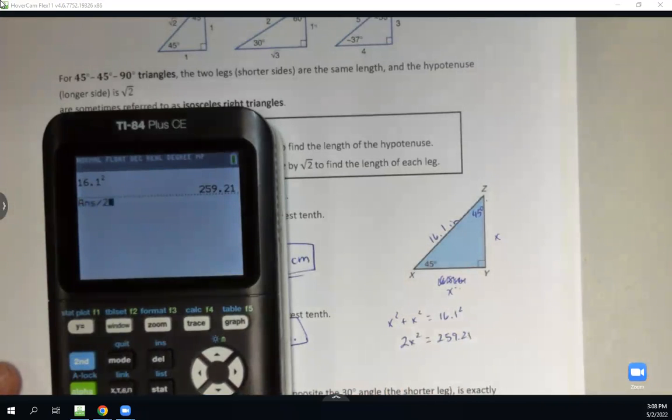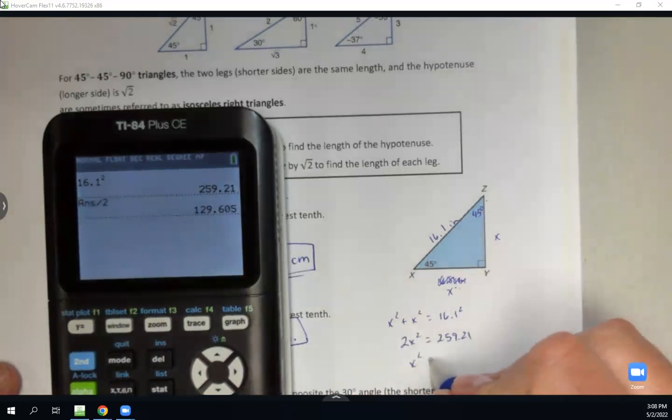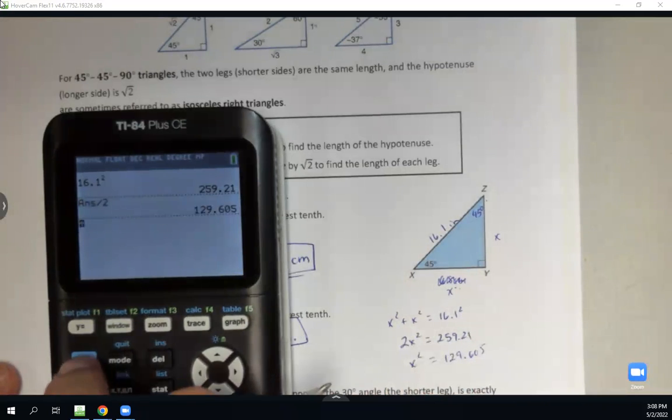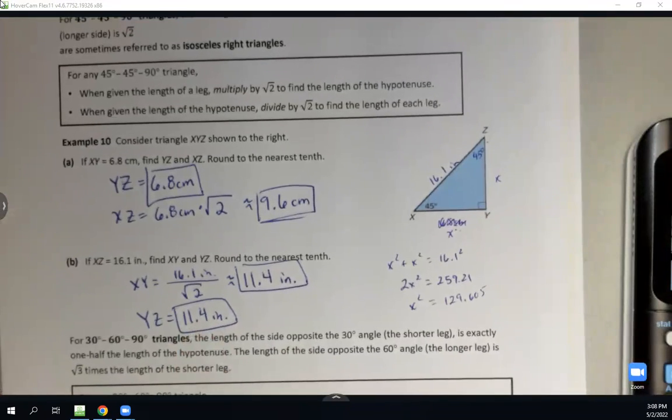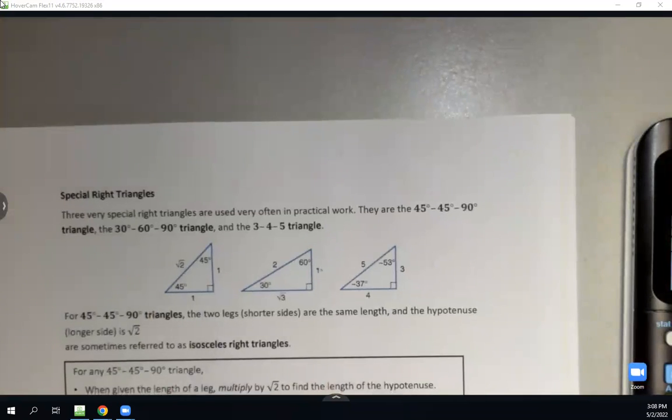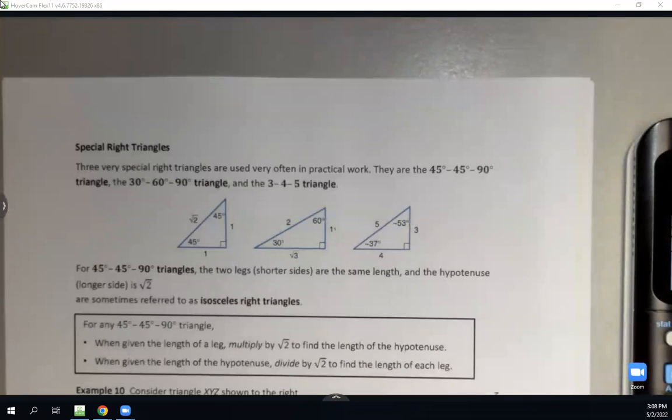So I'd have to divide by 2. So x squared equals 129.605. And if I square root the 129.605, that gives me the 11.4 that we got. So you could use the Pythagorean theorem if you want, or if you remember the ratios, it makes it easier. Okay.